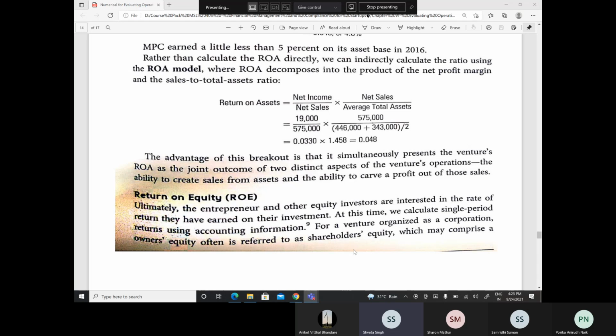The advantage of this breakout is that it simultaneously presents a venture's ROA as a joint outcome of two distinct aspects of a venture's operations: the ability to create sales from assets and the ability to carve a profit out of those sales.